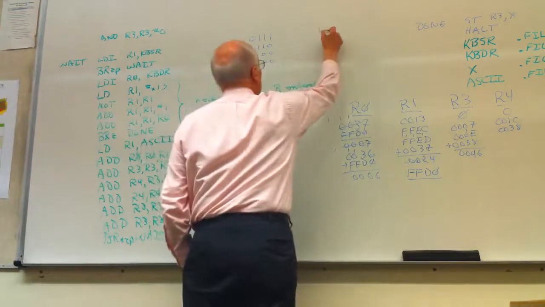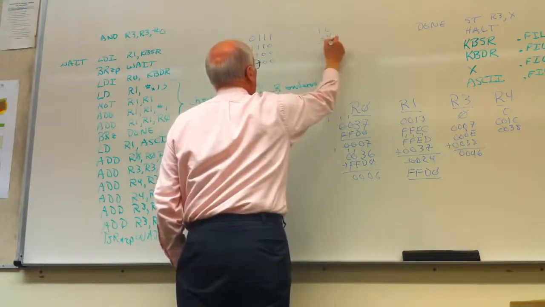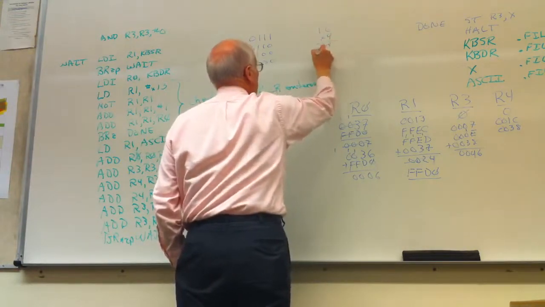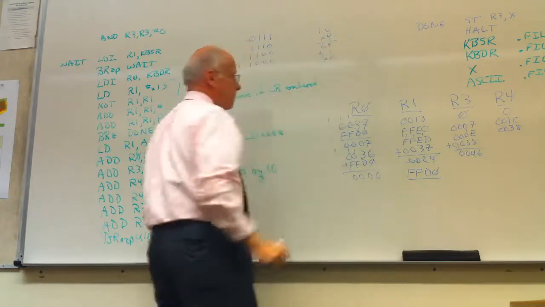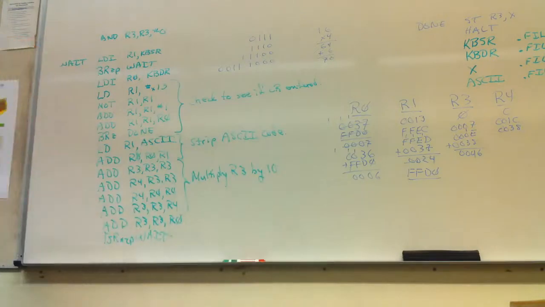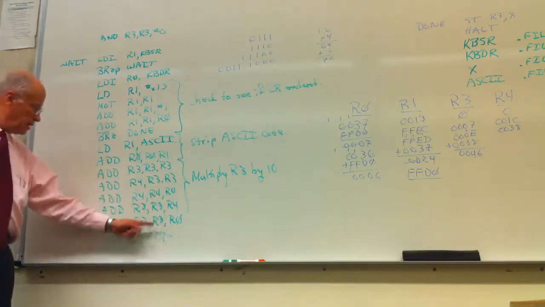Well, it's 4 times 16, which is 64, plus 6, 70. 10 times 7. Okay, so I have multiplied now by 10.